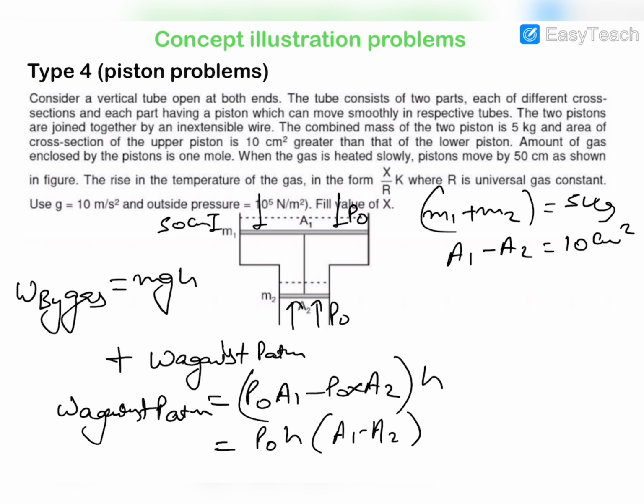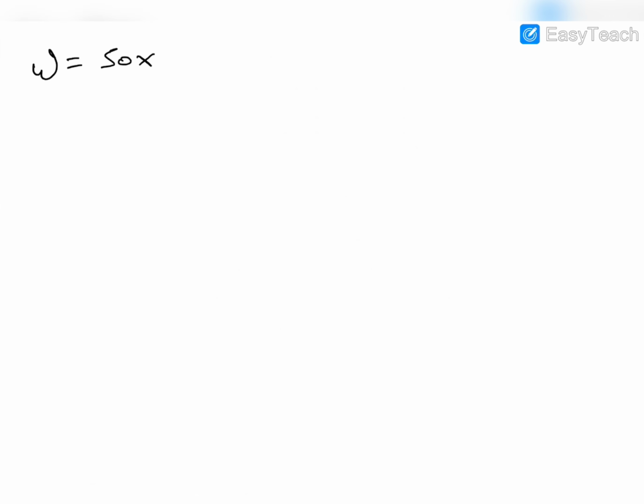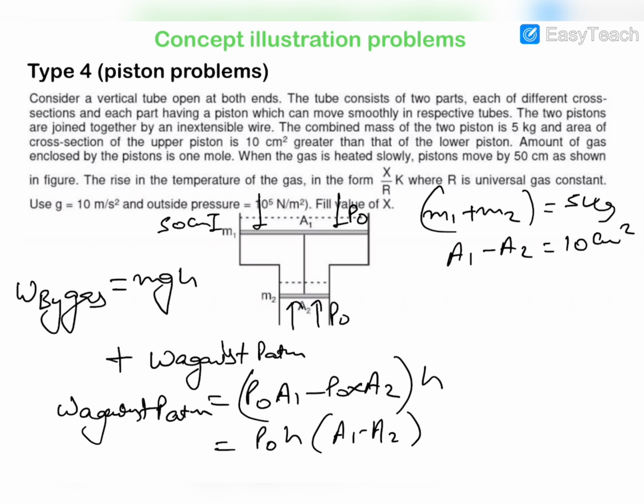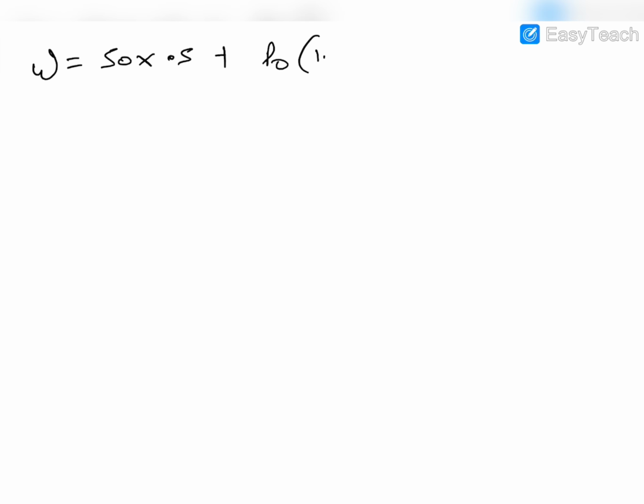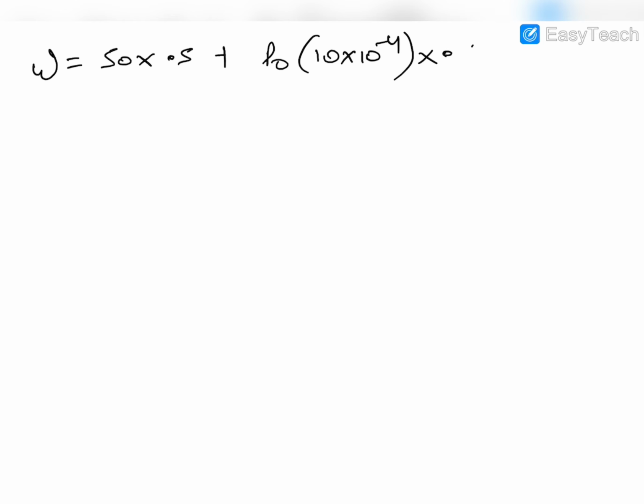Now let us sum up these two work done. So net work done by the gas will be mgh. Mg is 50, H is 0.5 meter, plus P naught into A1 minus A2, which is 10 into 10 raised to power minus 4, into H. H is again 0.5.